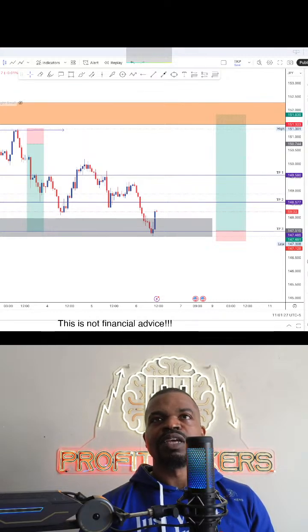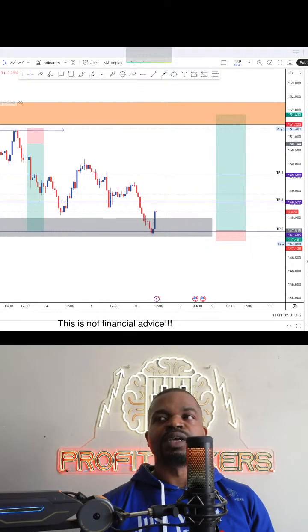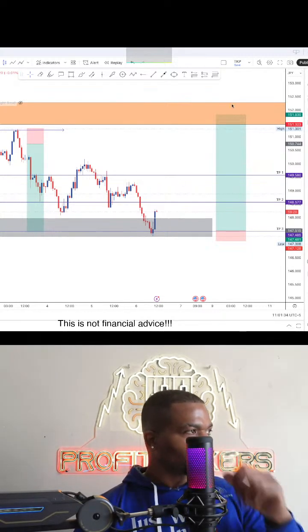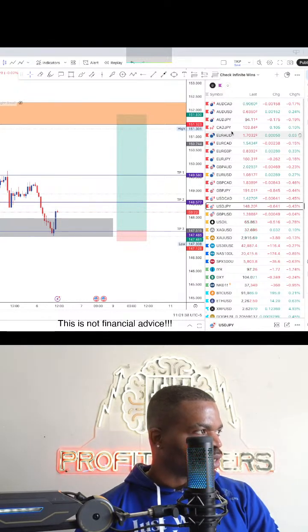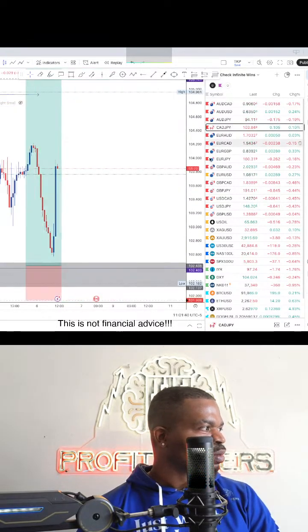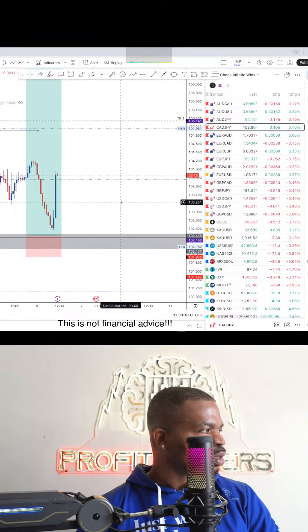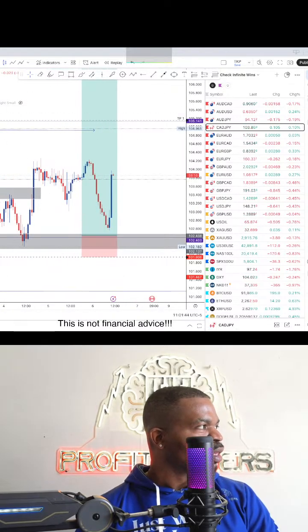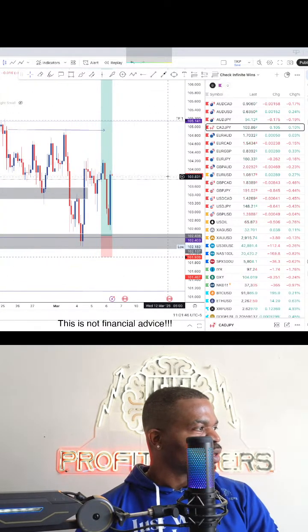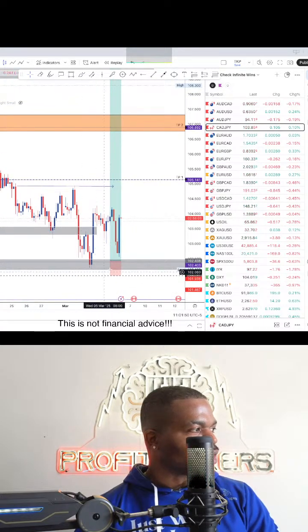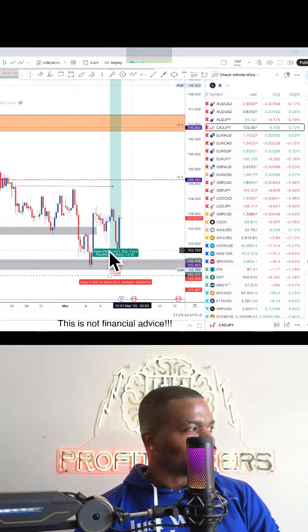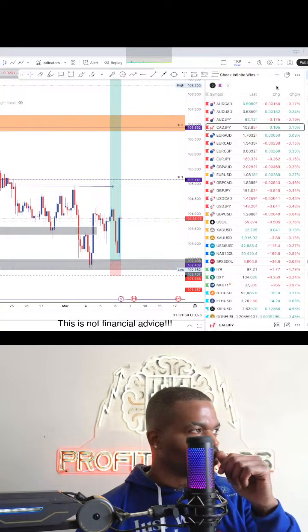All right, so CAD JPY, pretty much the same thing happened. We were looking at where are we? We're looking at this area right here. This was our last TP for CAD JPY.